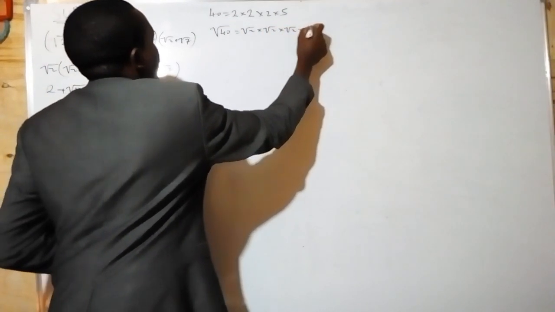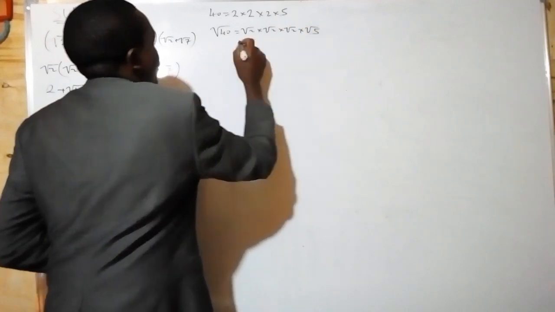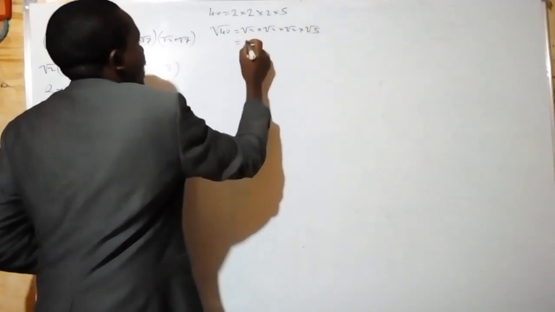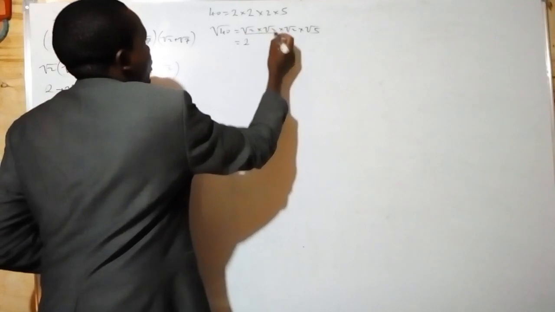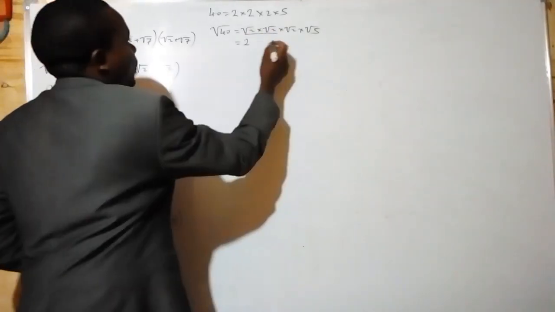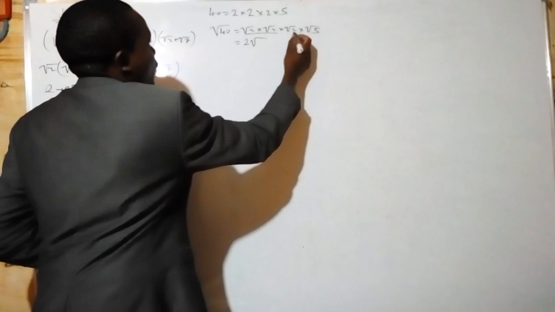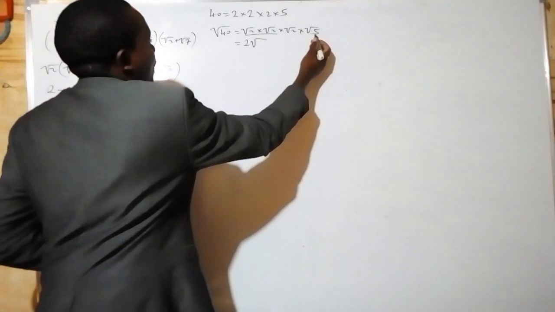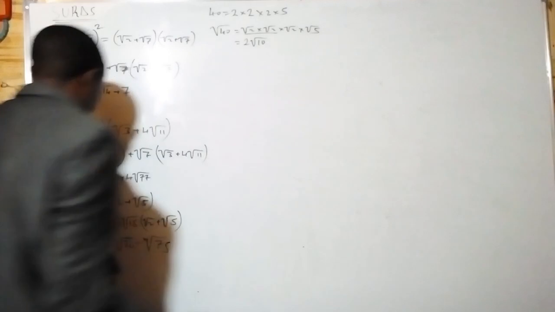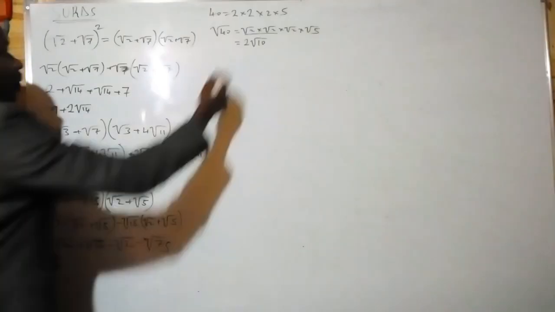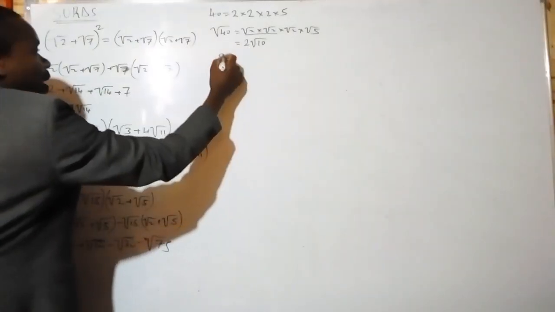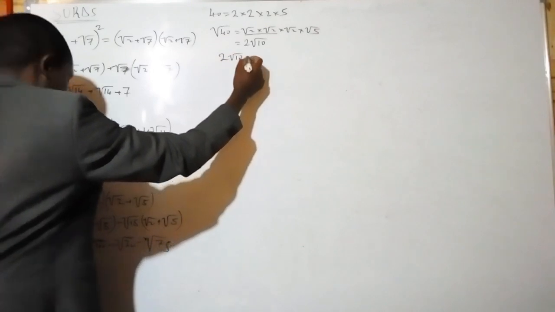Root 2 times root 2 is supposed to give you 2. Then we are going to have root 2, root 5, root 10. So when we have root 40, we are going to substitute with this to get 2 root 10. Then we proceed. Root of 100 is 10.